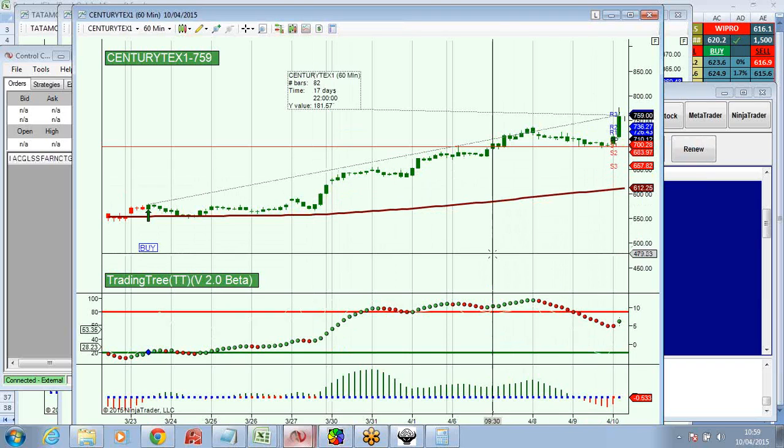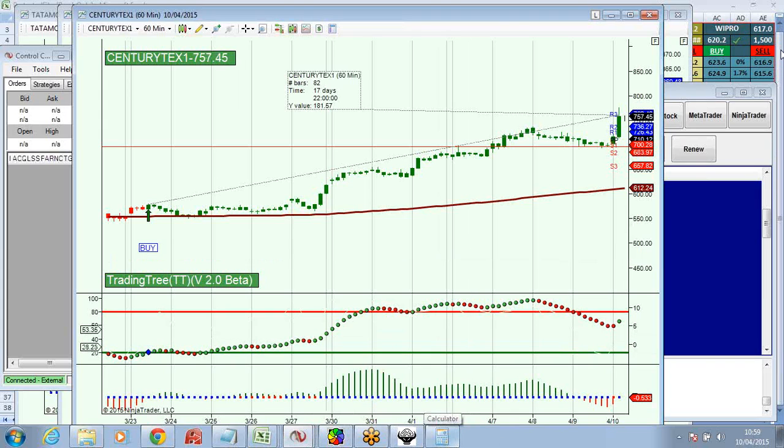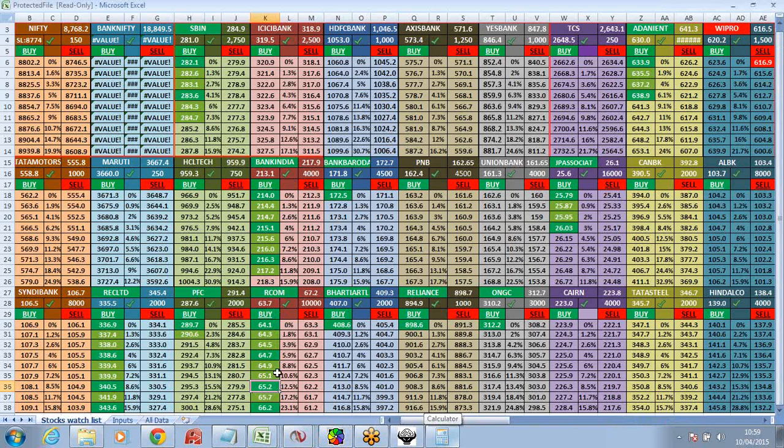Like this, we do have trades on Idea. We have trades on Havells also. There are some very good trades that we have. Coming back to our intraday, that's RCom, REC, Bank of India, SBI, Adani Enterprises.